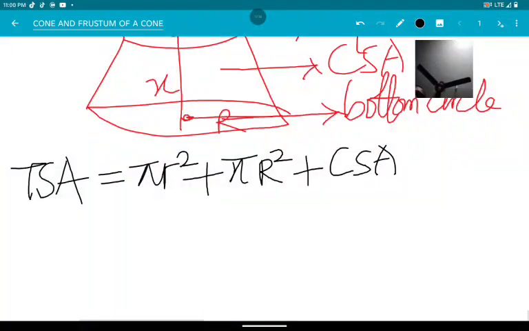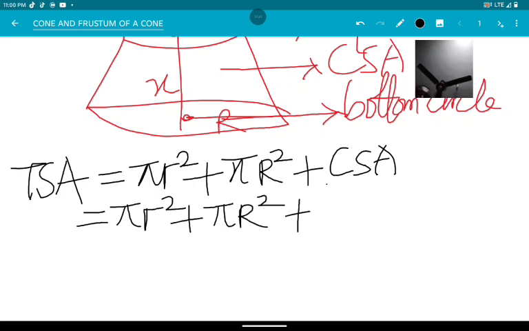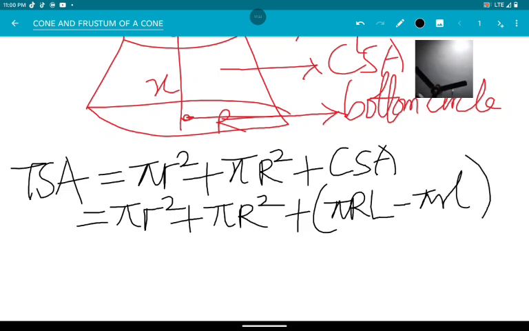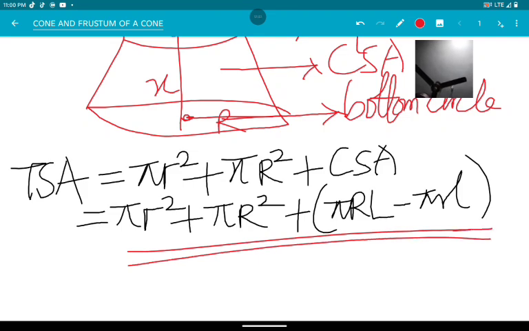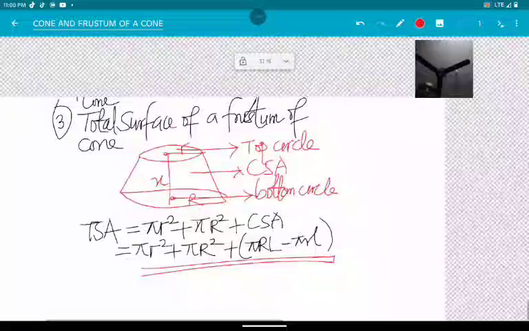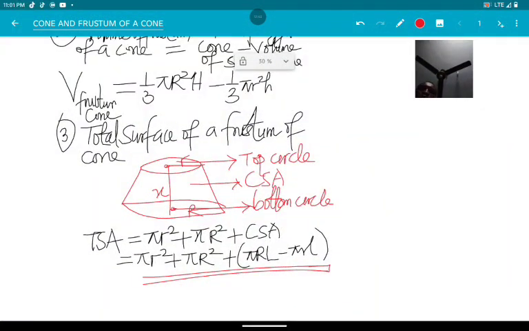Whatever answer you get for your curved surface area, you just put it there. Or just say pi r square plus pi big R square, then plus this one is now going to be pi big RL minus pi small rl. So here I've been able to establish all the formulas for the total surface area and curved surface area of a frustum of a cone.